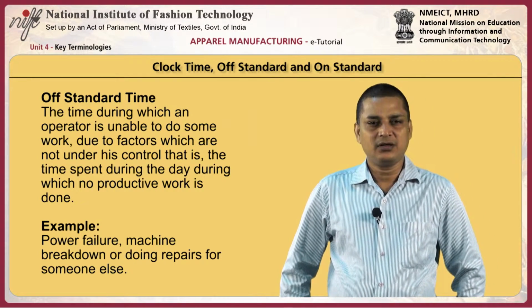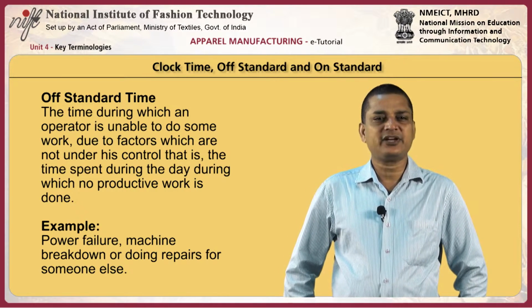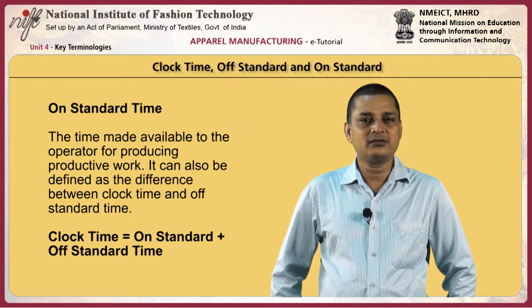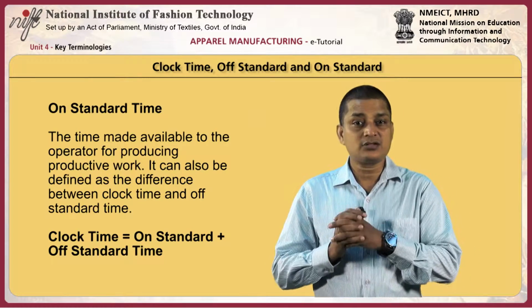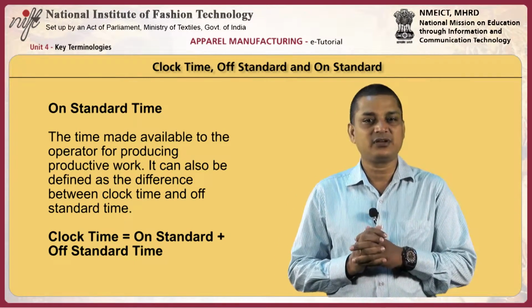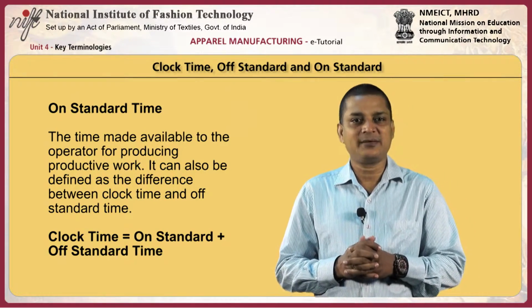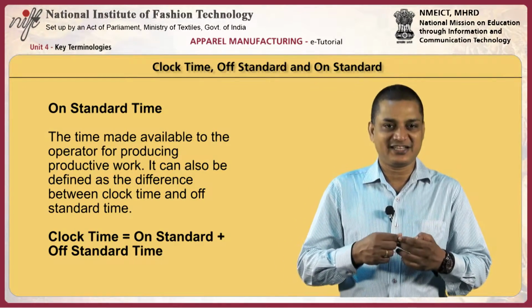For example, power failure, machine breakdown or doing repairs for someone else. The time made available to the operator for producing productive work can also be defined as the difference between clock time and off standard time. Thus, clock time is equal to on standard time plus off standard time.